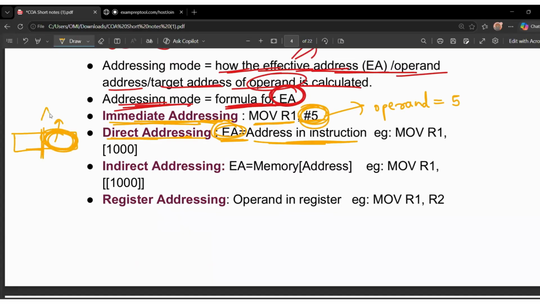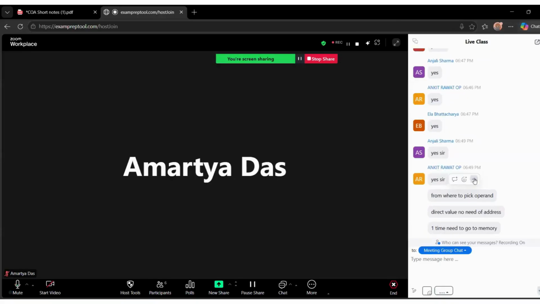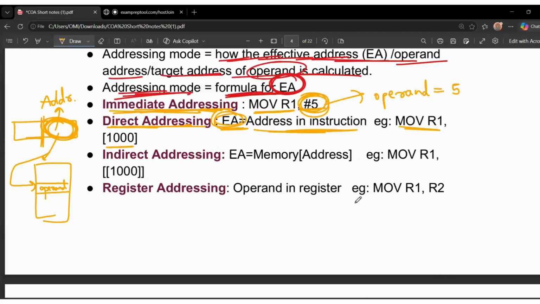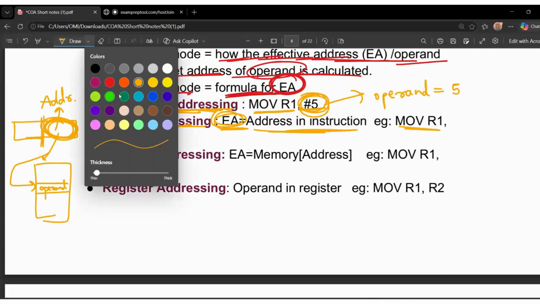So if you have move R1 comma 1000, and you go to location 1000 in the memory, then you will get the operand. So you have to visit the main memory one time. Now, next is indirect.